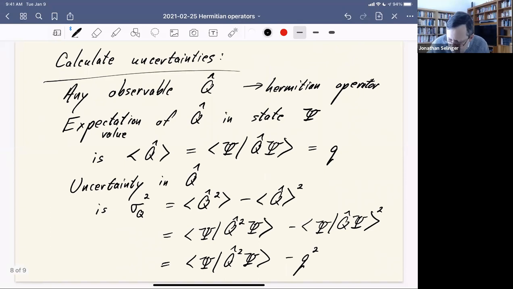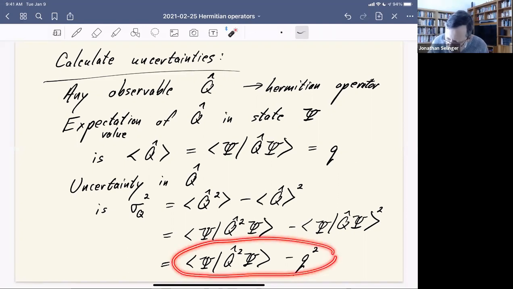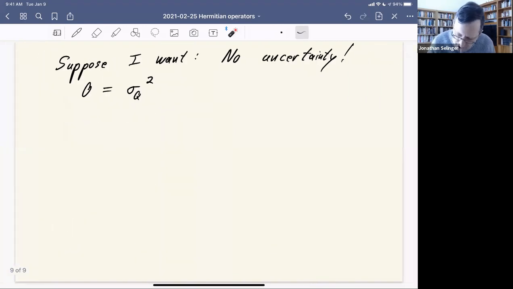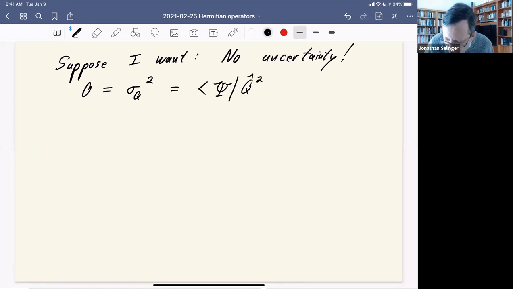Let's work that out using all the stuff that we've proven here. So we know that's equal to this combination right here, which is psi inner product with Q squared psi minus little q squared.